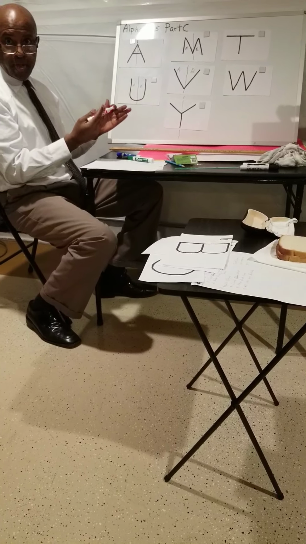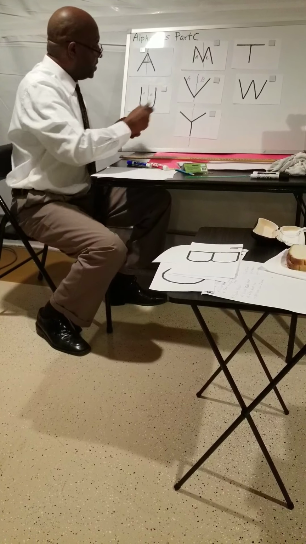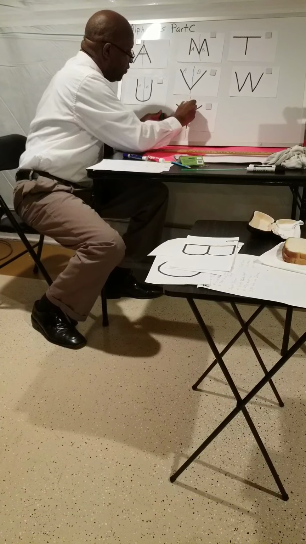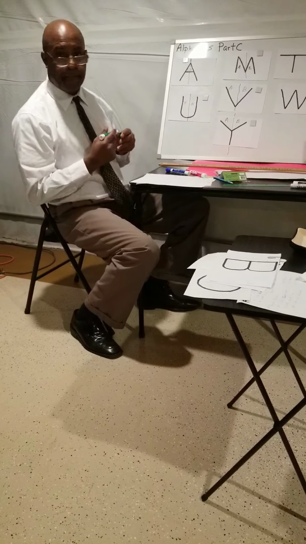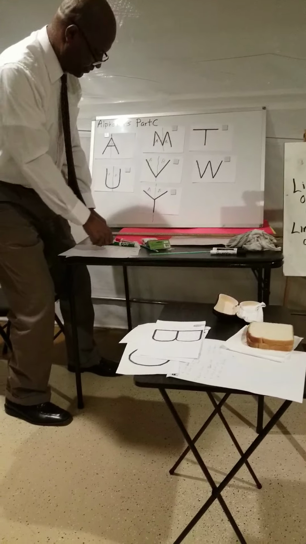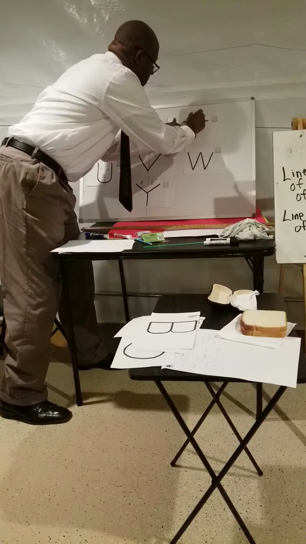So when you fold it, what happens? Side A and B, when you fold it, are line symmetric. Okay? Capital T. You put a vertical line straight down it.